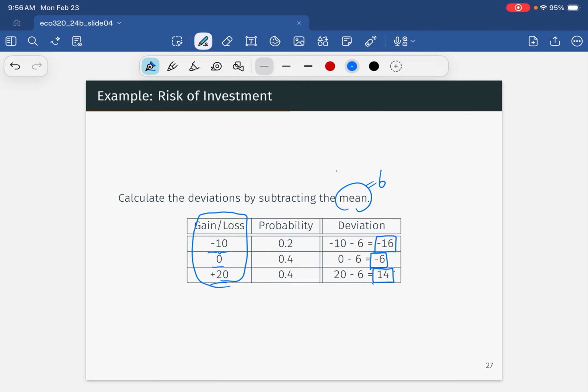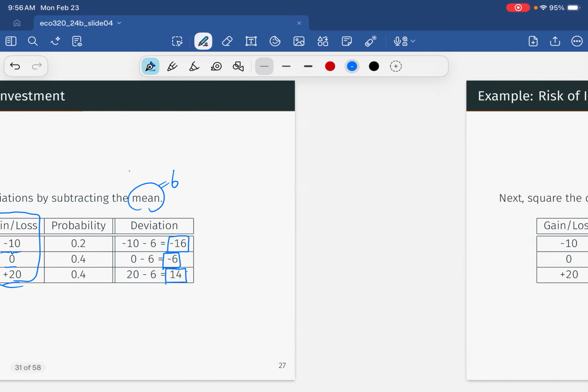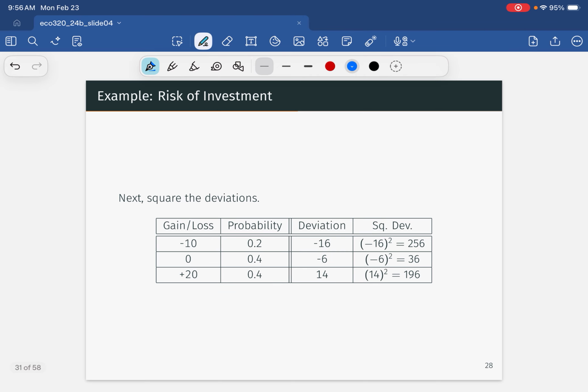Of course, we do not use the probability yet. And next, we are going to square those deviations, right? We calculated deviations in the previous slide. So now we calculate squared deviations by taking squares. 16 squared is 256, and 6 times 6 is 36, and 14 times 14 is 196.